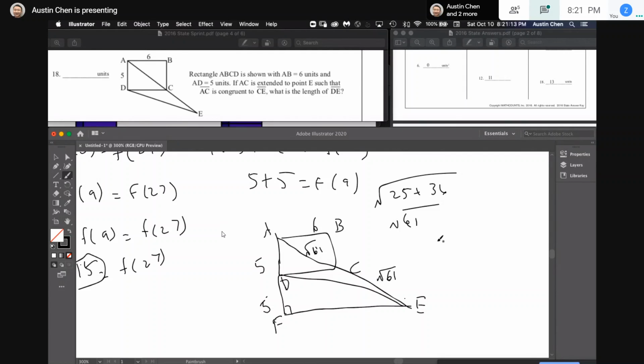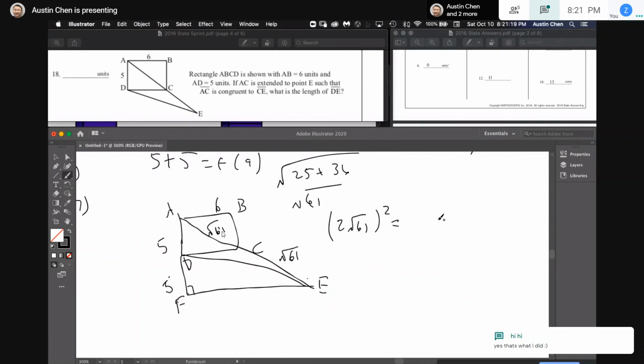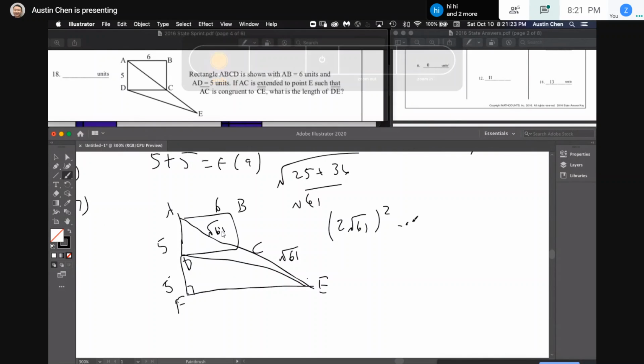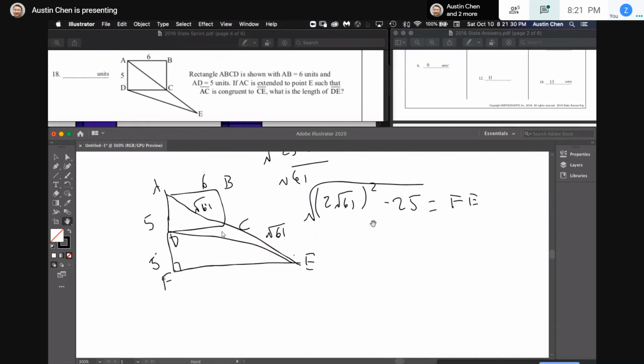So okay, we're going to have 2 times root 61 squared, and we can just go ahead and say that minus 25 rooted is going to equal FE. And this is just going to be 4 times 61, not 25, sorry. It's going to be 100, right?